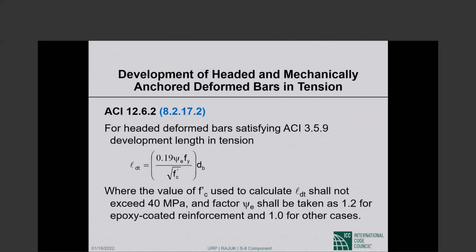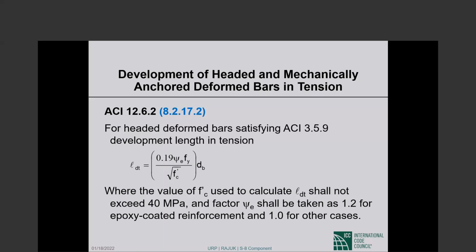So for headed deformed bars satisfying 359, development length in tension is as shown by the expression, again, f sub y, f sub c prime, psi sub e, and bar diameter, where the value of f sub c prime used to calculate L sub dt shall not exceed 40 MPa. This we haven't come across before, but with headed bars, we are imposing this limit. The factor psi sub e, the epoxy-coated factor, shall be taken as 1.2 for epoxy-coated reinforcement and 1.0 for other cases.